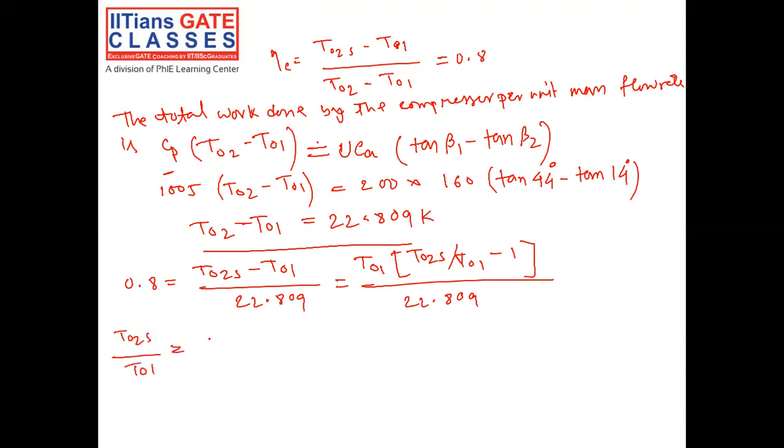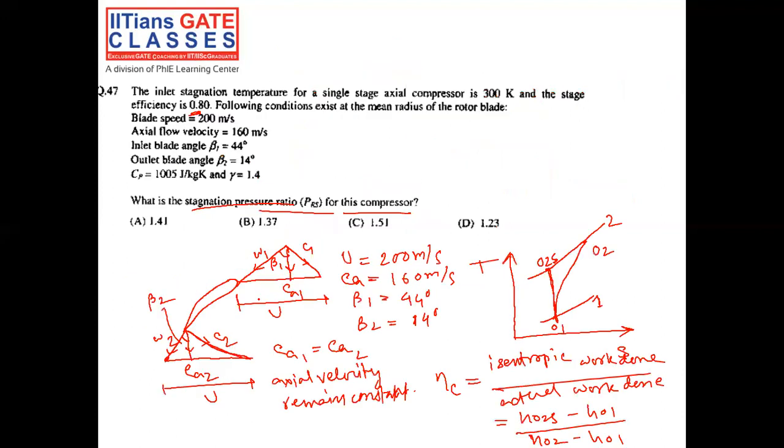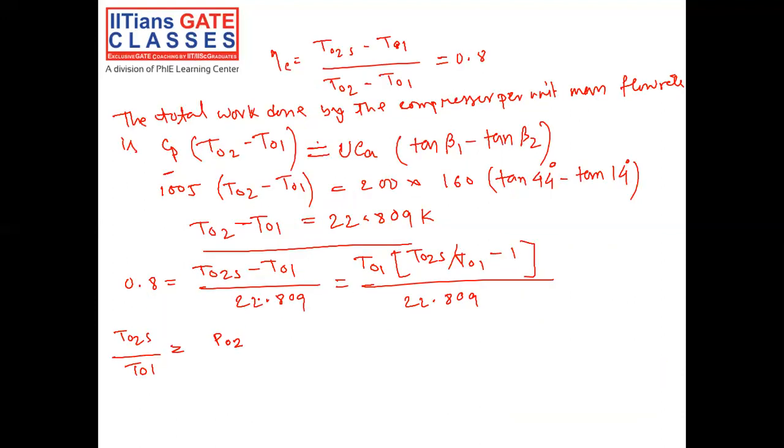Now this TO2s by TO1 can be written in terms of the stagnation pressure ratio across the compressor. So this comes from the isentropic relation of gas.